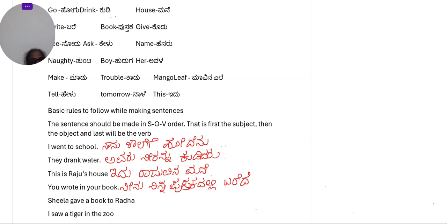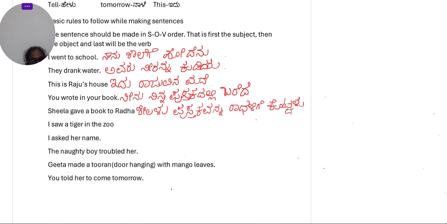Then Sheila gave a book to Radha. ಶೀಲಳು ಪುಸ್ತಕವನ್ನು ರಾಧಳಿಗೆ ಕೊಟ್ಟಳು. So these were what we had done in our first video.